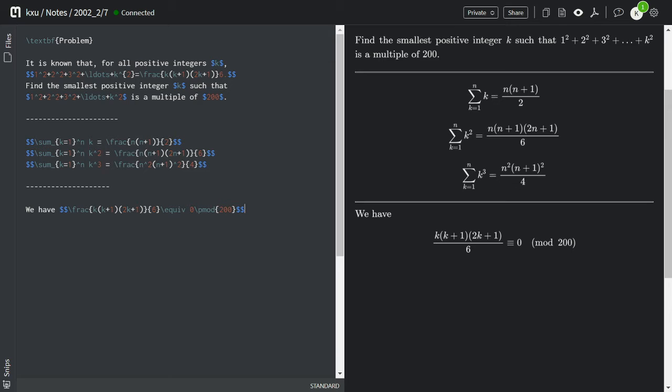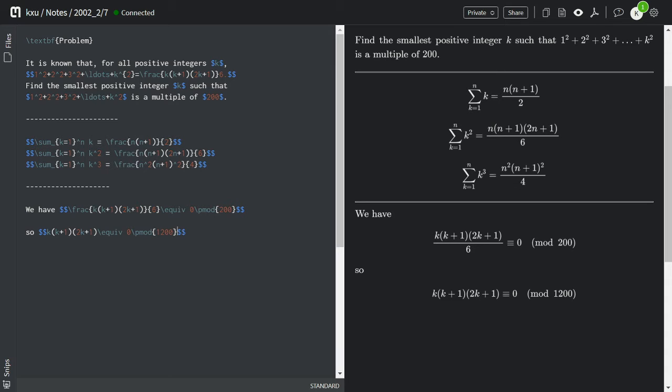I guess let's multiply both sides by 6. So we get k times (k plus 1) times (2k plus 1) is 0 mod 1200.